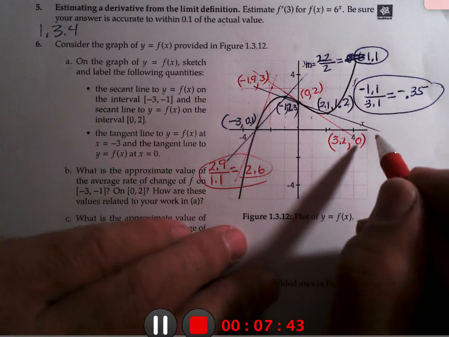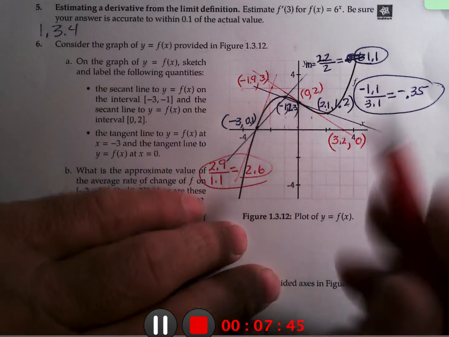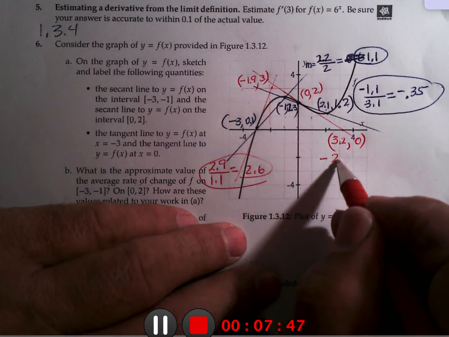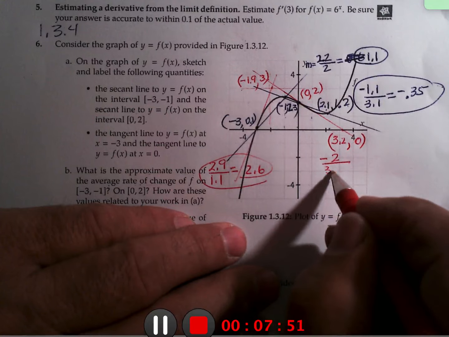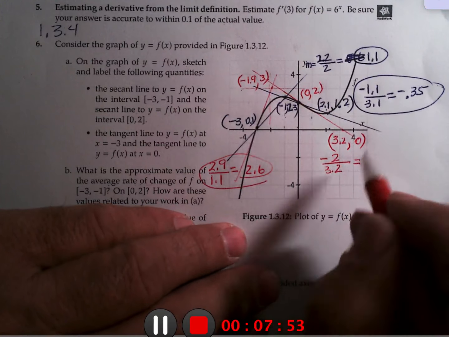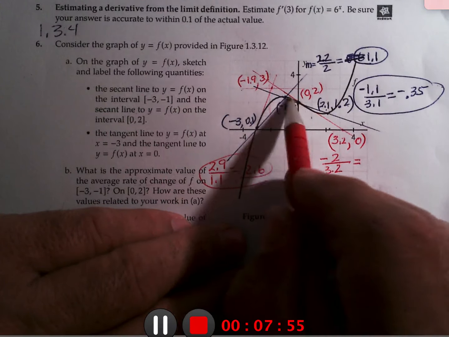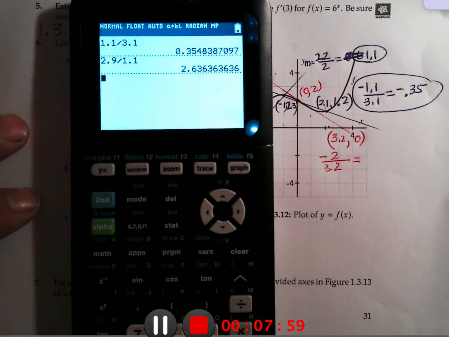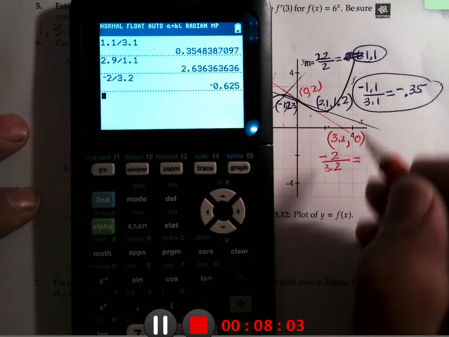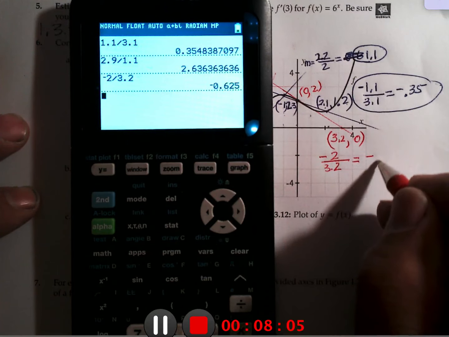So it fell 2 over a run of 3.2. So I get the instantaneous slope right there. My rough estimate is -2 divided by 3.2, which is -0.63.